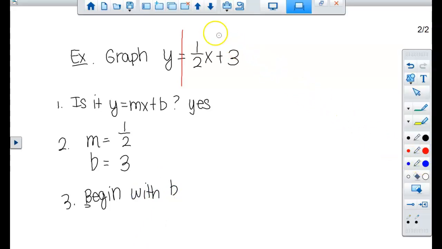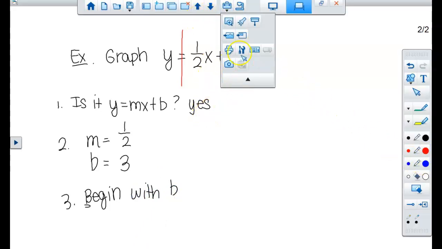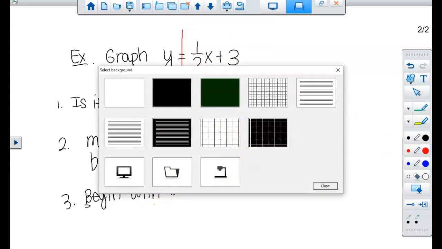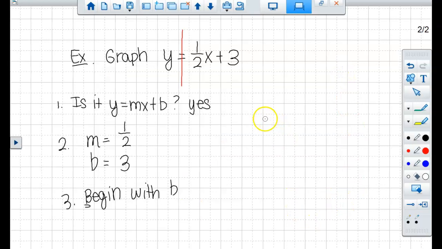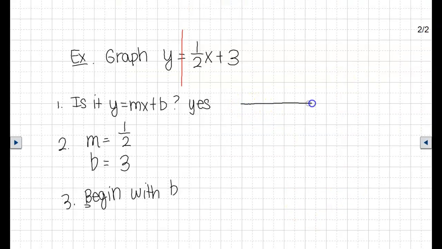So let me get us some graph paper up here. Let's use this. And I will need to draw an x-axis and a y-axis.